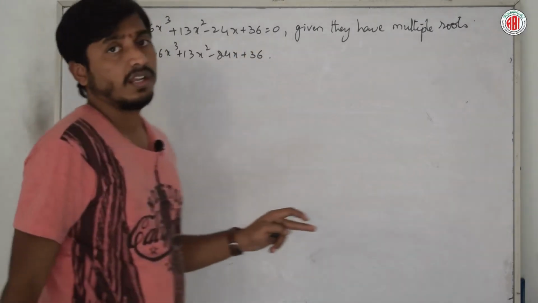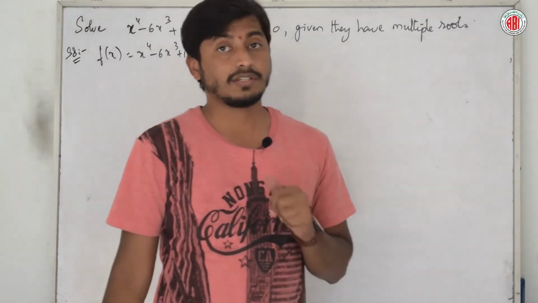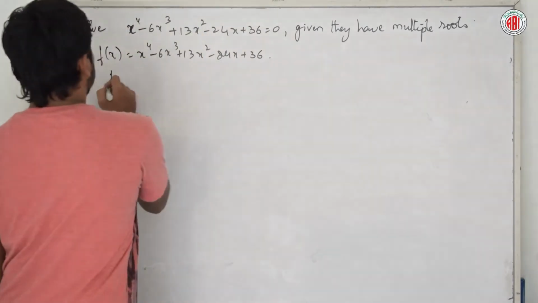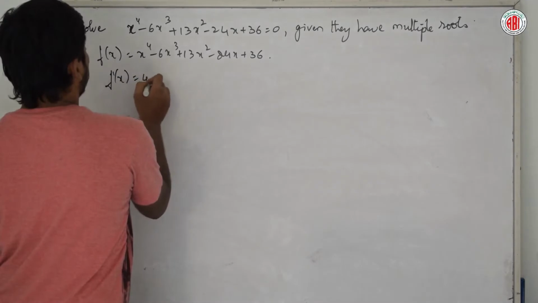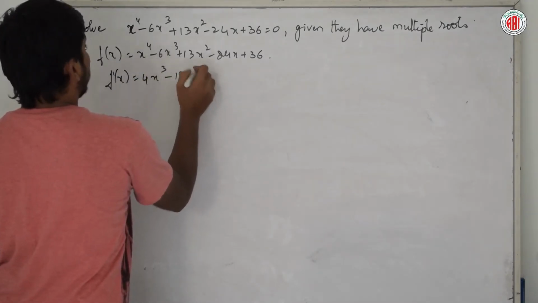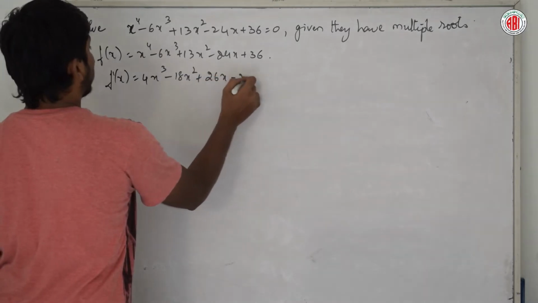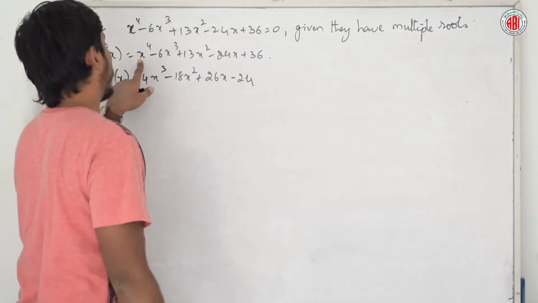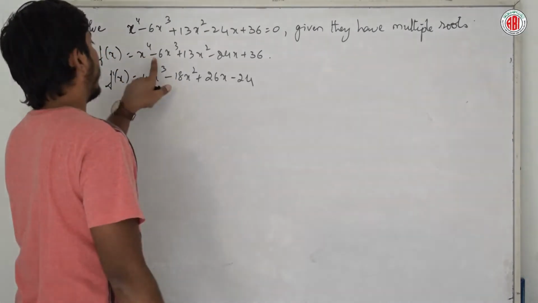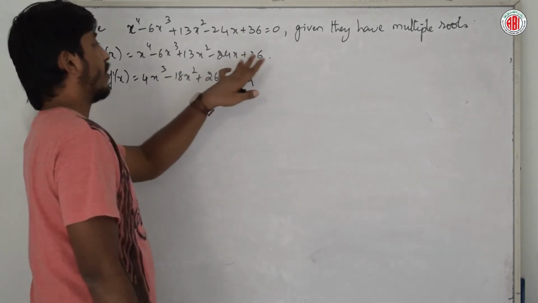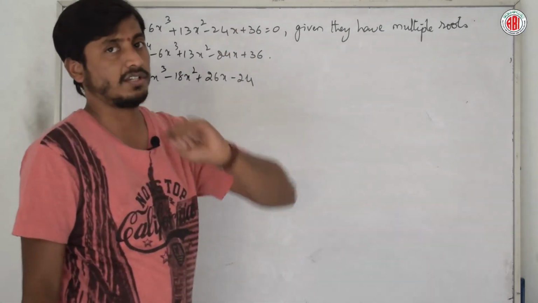Done. In this problem we are going to learn most of the new things. So what if I differentiate this? 4x cube minus 6 threes are 18x square plus 13 twos are 26x minus 24. Check it properly. The differentiation of 36 is 0.